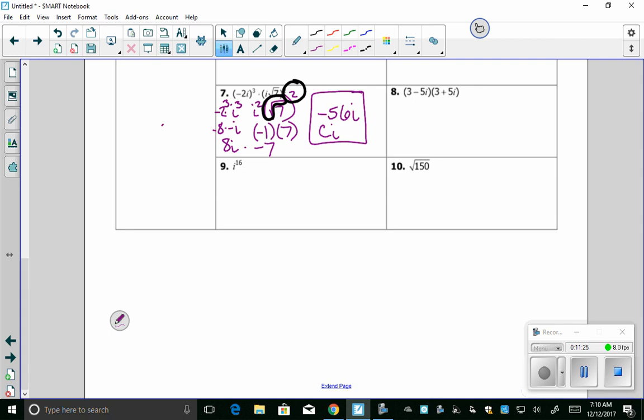I'm going to work with number 8 now, because some of you are still kind of struggling with the full method. Okay? So I'm going to do the full method. 3 times 3 is 9. 3 times 5i is positive 15i.